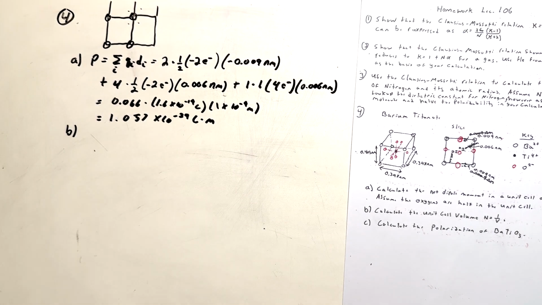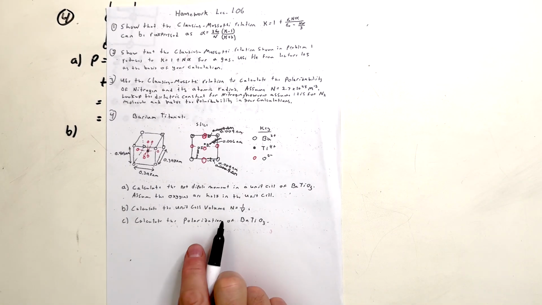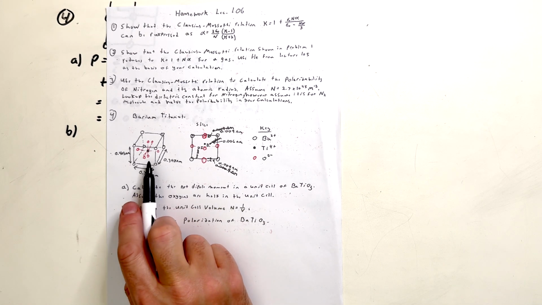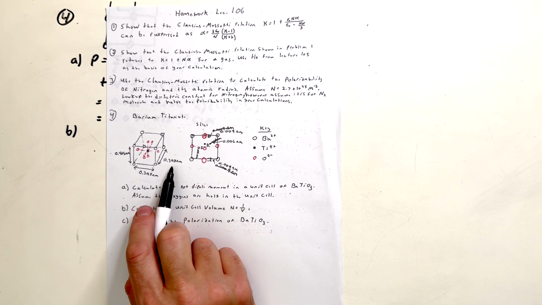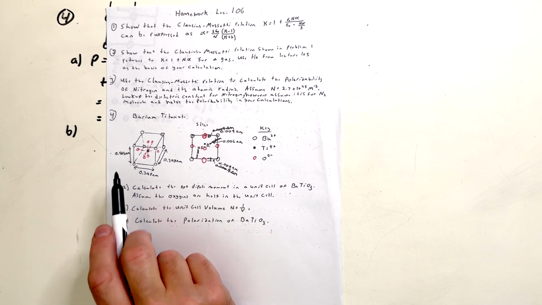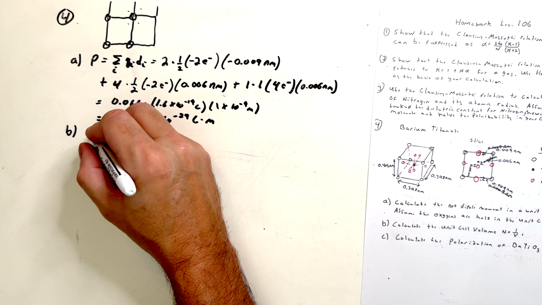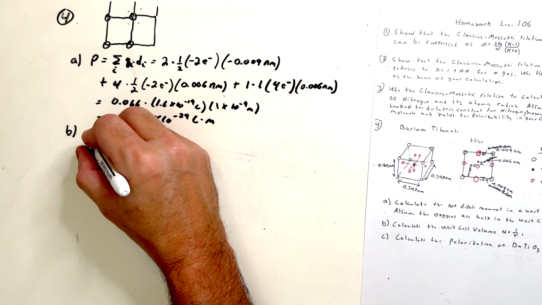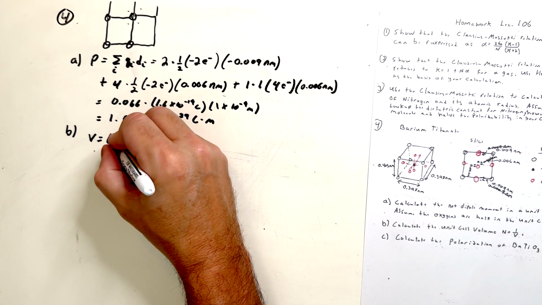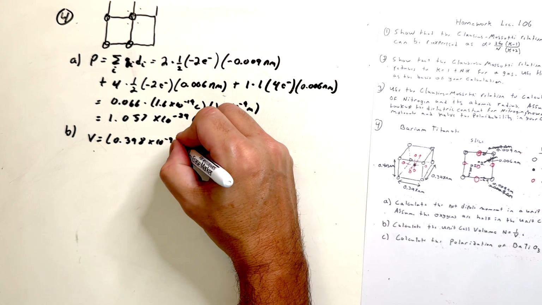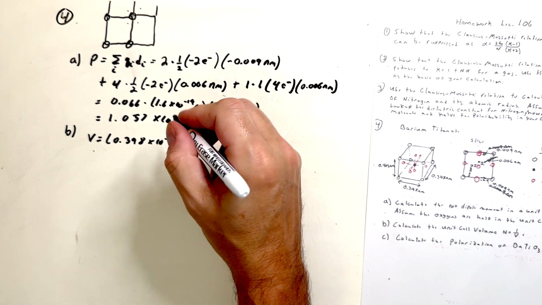Part B asks us to calculate the unit cell volume. And for that, the dimensions in the 3-dimensional representation here, the 0.398 nanometers and 0.403 nanometers tall. So it's just a simple volume formula for a cube, right? So the volume is just 0.398 times 10 to the -9 meters, and that'll be squared.